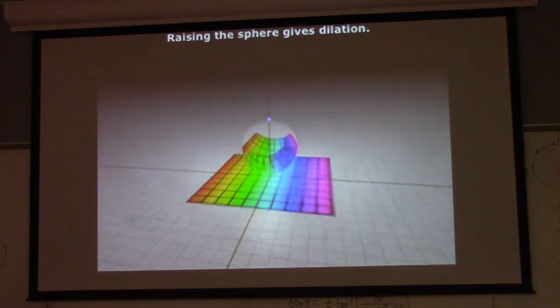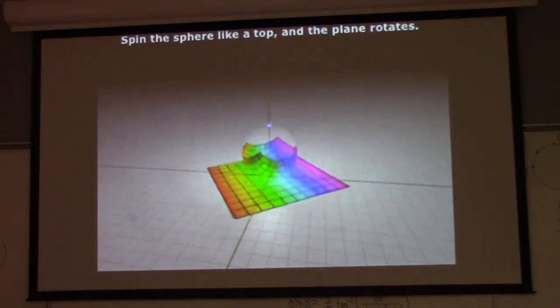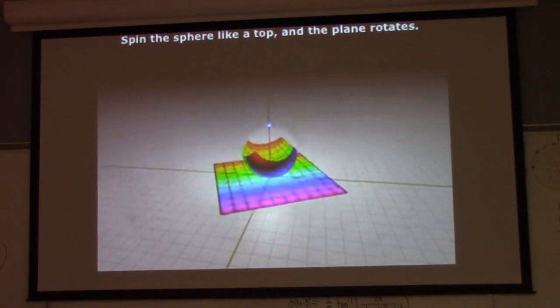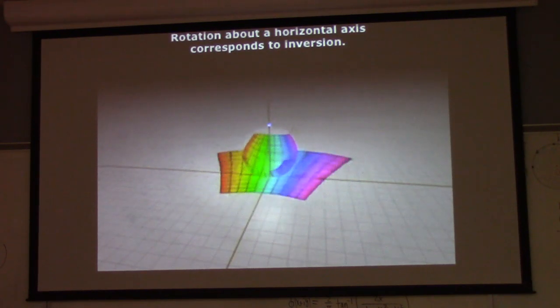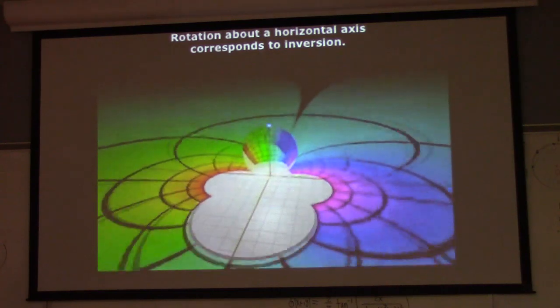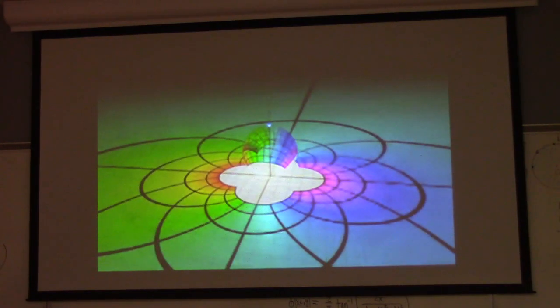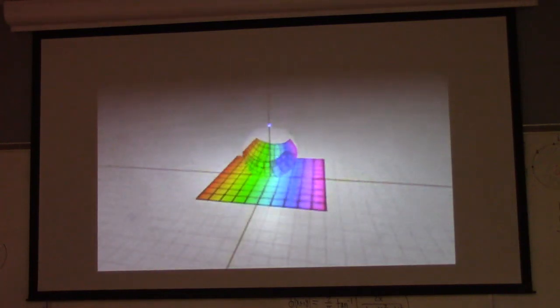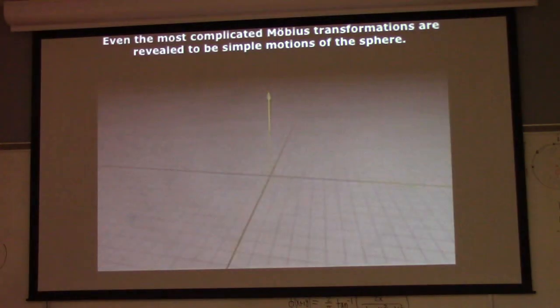I don't think we've done this math, but there's math that could be done here. Notice that the stereographic projection is creating all of the Mobius transformations that we saw at the start through just rotating of the sphere or moving of the sphere.